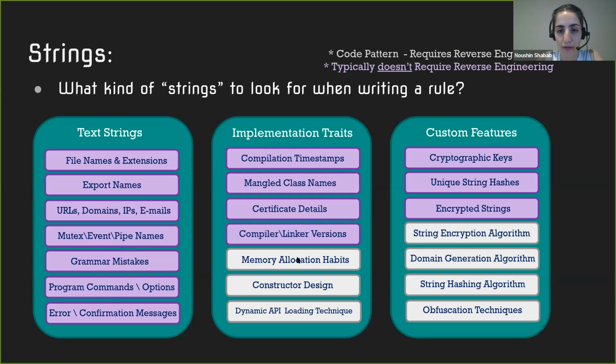These are the types of strings that we are interested in and might be unique by themselves or in different combinations with different conditions, they might be quite effective in catching similar samples and avoiding false positives, of course.